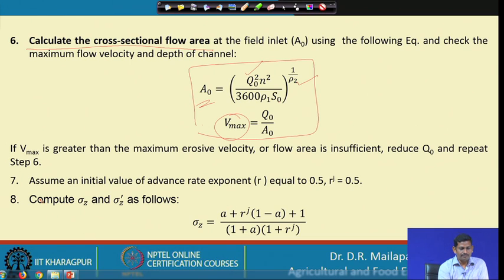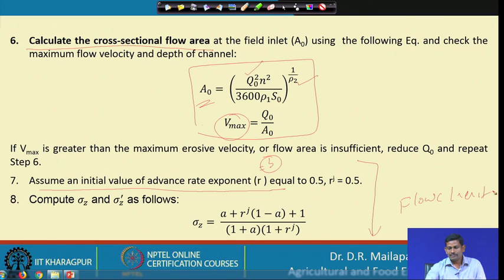Okay. And the seventh step, assume an initial value of the advance exponent, that is R, which is equal to B advance. From here onwards we will follow the flow chart we just explained before. First, this is the initial guess, that is B equal to 0.5.